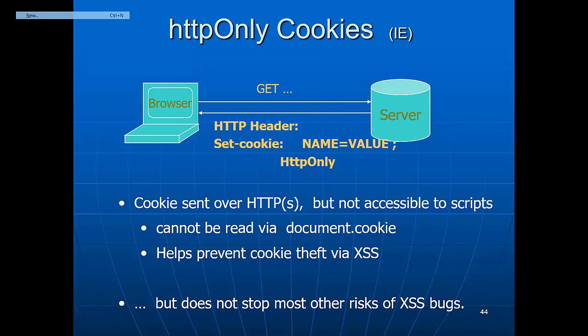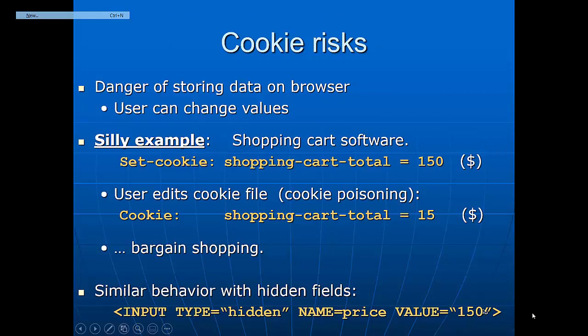And there have been a number of bugs with cookies over time. Here's an example of a seemingly silly thing to do with cookies, but it actually worked. In this particular case, trying to change the values of cookies and guessing cookie names like shopping cart total and changing it from, let's say, 150 to 15 in order to buy something.